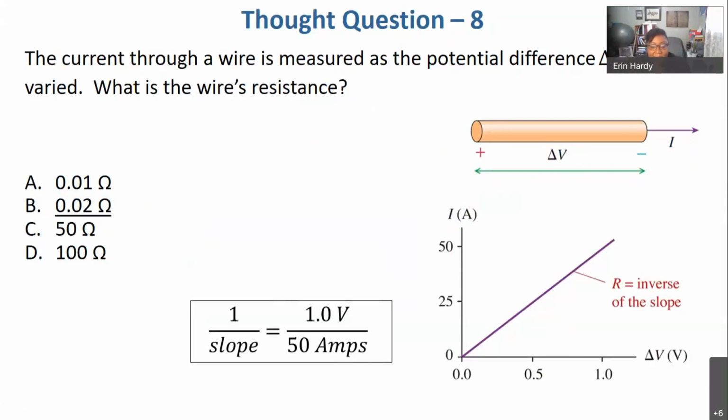So if we want to minimize the power loss that we would experience over that long trip that takes electricity from the power plant to wherever you are right now, then it would be in our best interest to shrink the current as small as we can possibly get it, because that means that the delta V is going to be as small as possible for that trip.